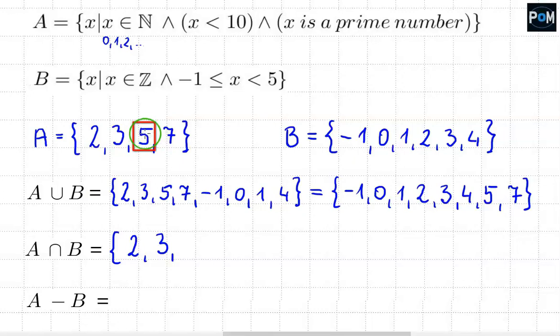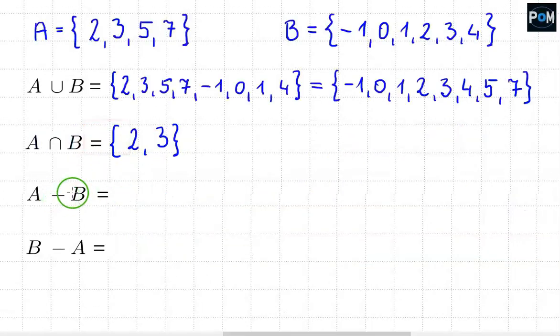It is indeed in set A, but not in set B, so we do not write 5 here. The number 7 is the same. It's here, but it's not there, so we won't write 7 here. And the same goes with these numbers from set B, -1, 0, 1, and 4. They are indeed in set B, but they are not in set A. Thus here, the intersection ends for us. The intersection includes only 2 elements. They are the numbers 2 and 3. They are in both set A and set B.